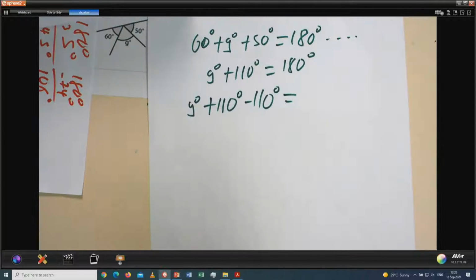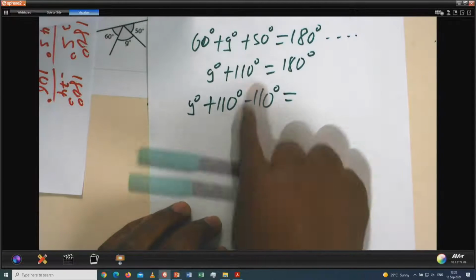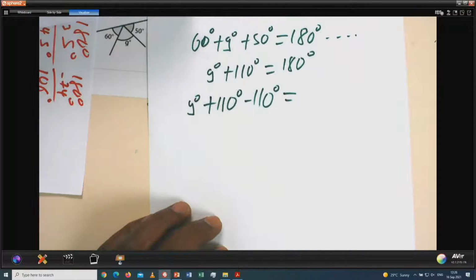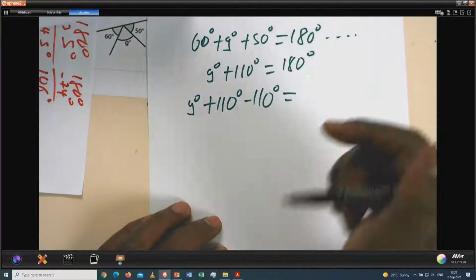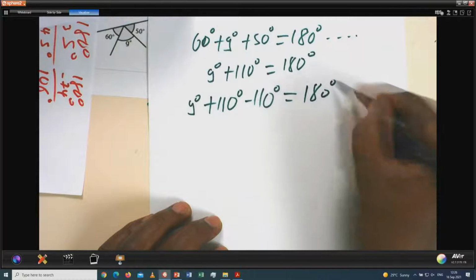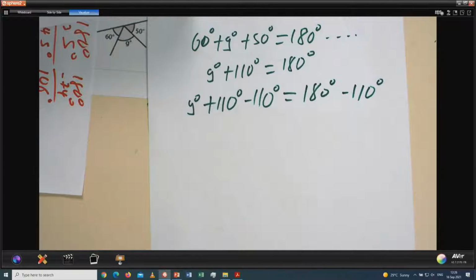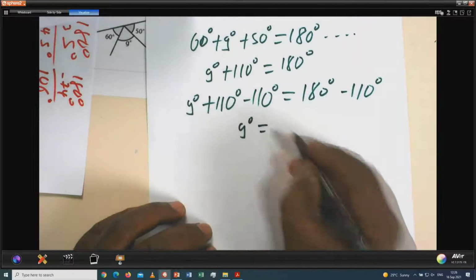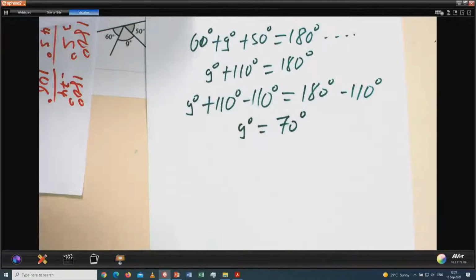But remember, in the equation this is an extra thing. It was not here. So whatever is done this side must also happen that side. Therefore, this will give you 0 degrees. 180 minus 110 is your 70 degrees.